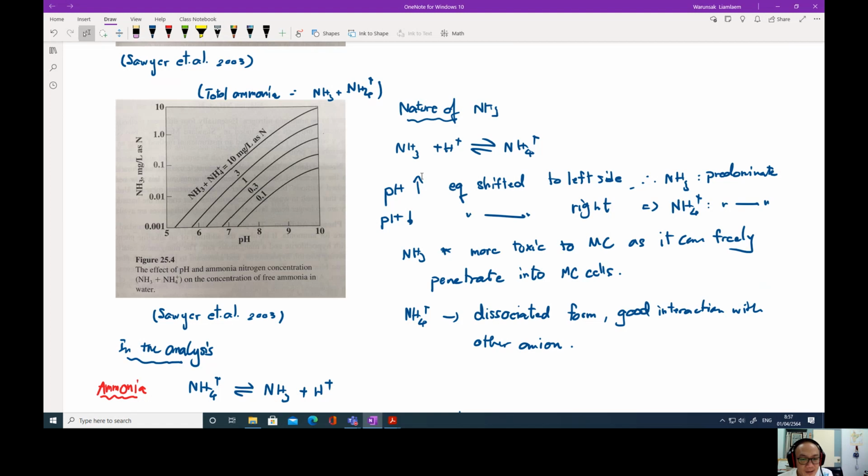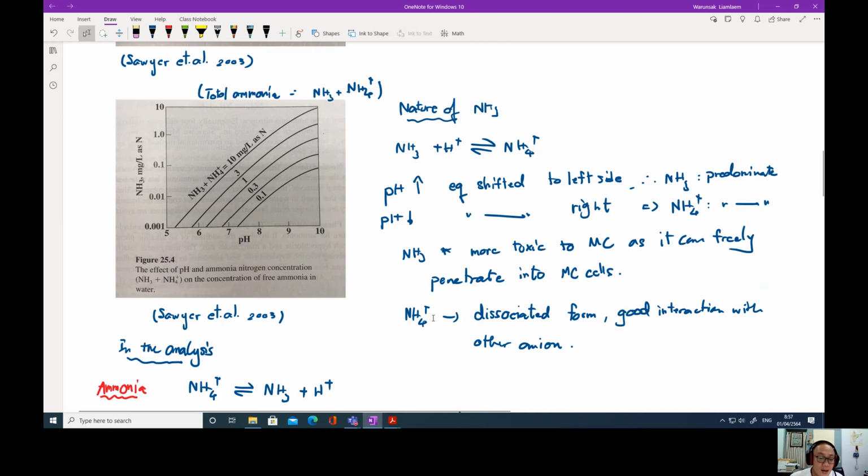But anyway, if it exists in the form of NH3, this form is more toxic to microorganisms and also the living organisms in the water, the aquatic organisms, as NH3 can freely penetrate the microbial cells.